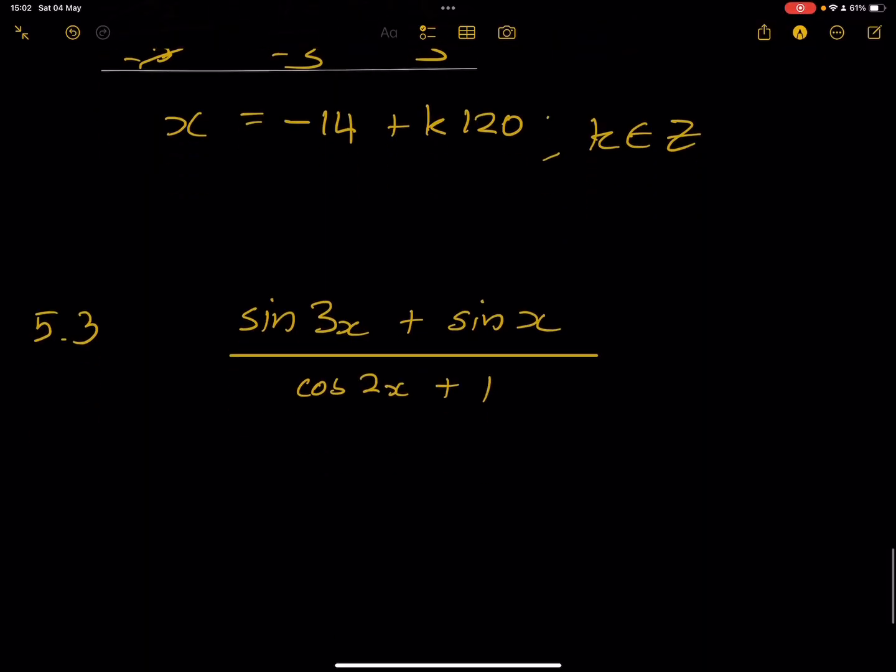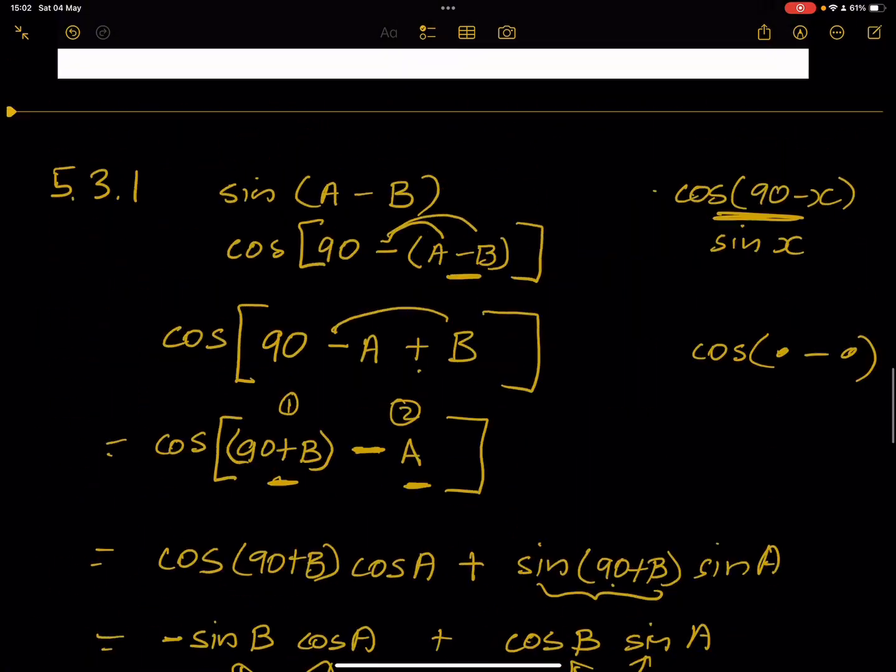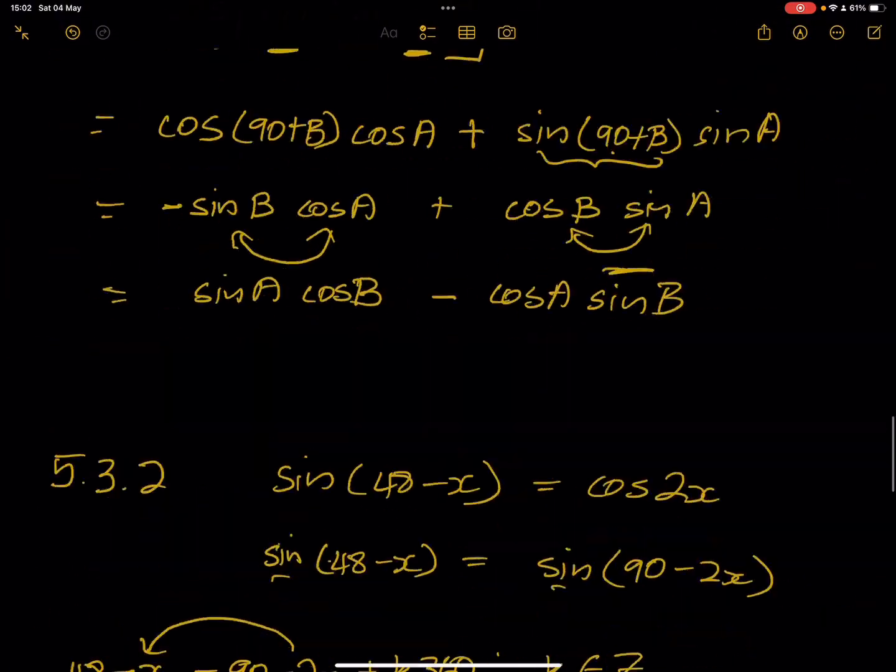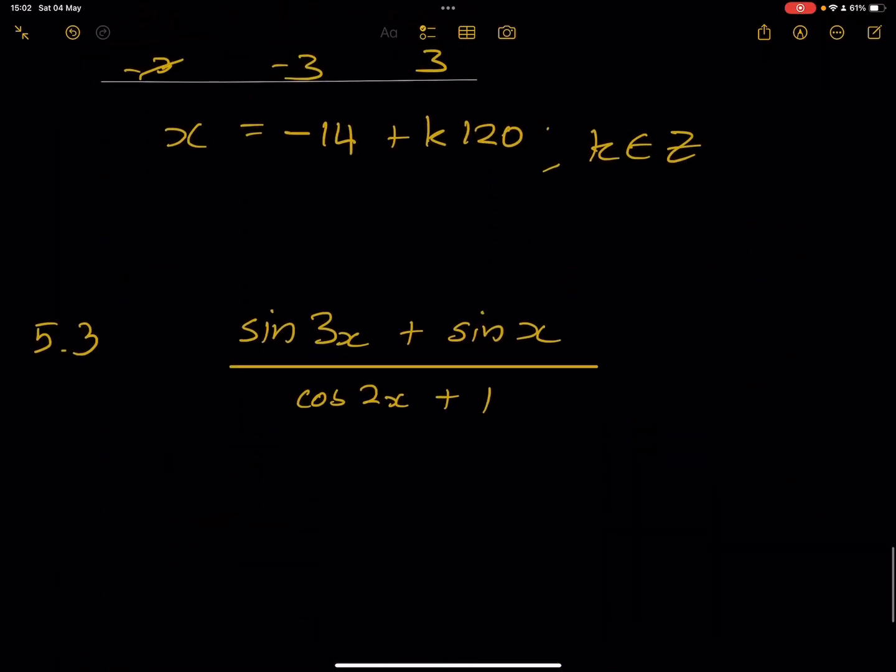Now, ladies and gents, we want to simplify to a single trigonometric ratio, right? So we don't have any identity or formula that helps us with the sine of a triple angle, right? So I'm going to do this.